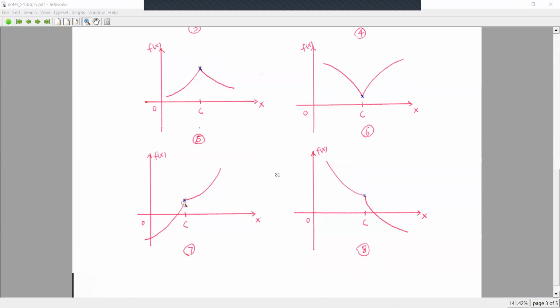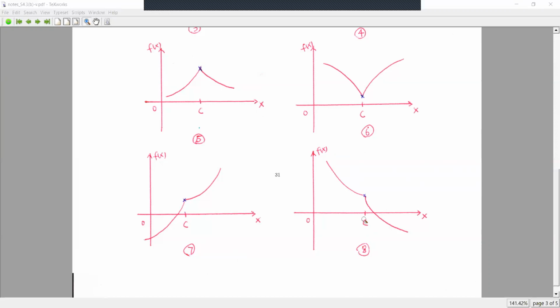Locally, this point is not the highest point, not the lowest point. This point is also locally not the highest, not the lowest point. So the function has no maximum, no minimum at point C.